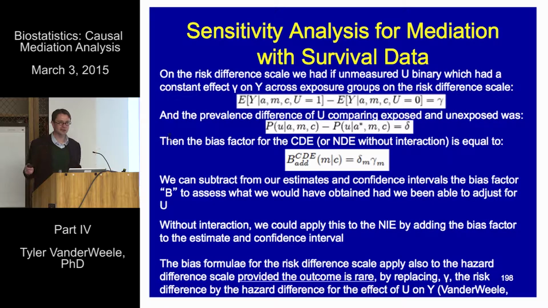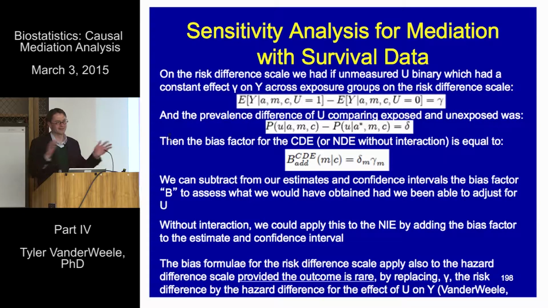And we can likewise do this on the hazard difference scale. And that method for sensitivity analysis is going to correspond exactly to our sensitivity analysis method for controlled direct effects on the risk difference scale. The one exception is that on the risk difference scale, our gamma parameter, the effect of U on the outcome, was defined as the difference in the risks of the outcome, comparing those with versus without U, conditional on M. Now we're going to replace that risk difference with a hazard difference.